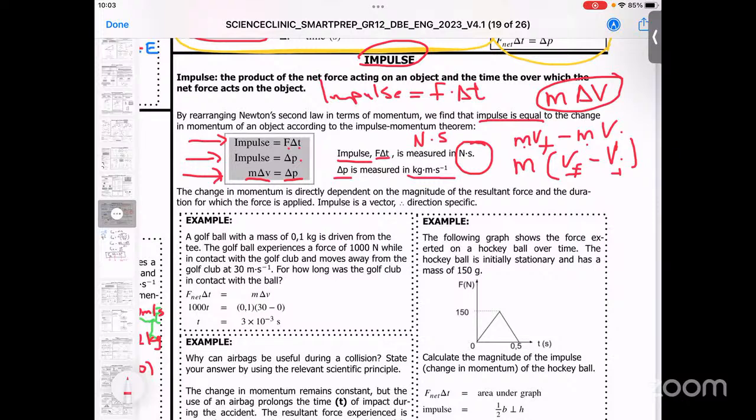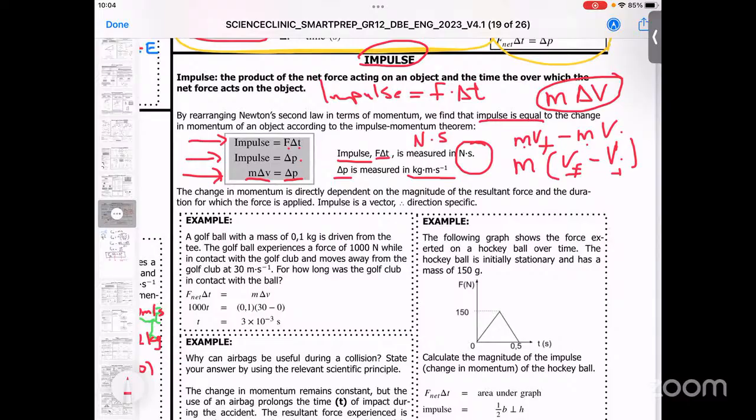When you say kilogram meters per second, we know the question wanted you to calculate change in momentum. I would like to believe that part makes sense.